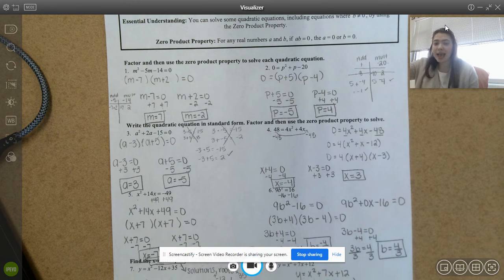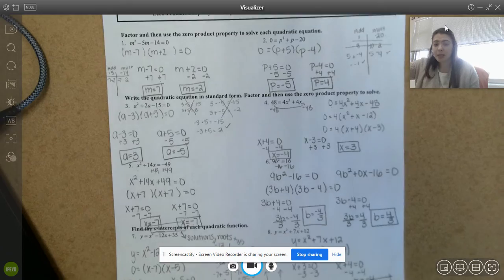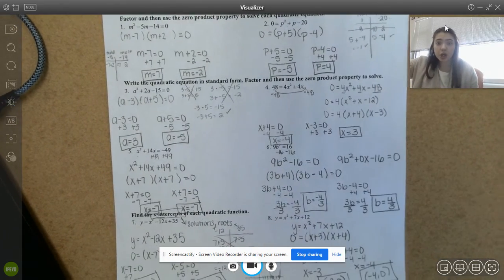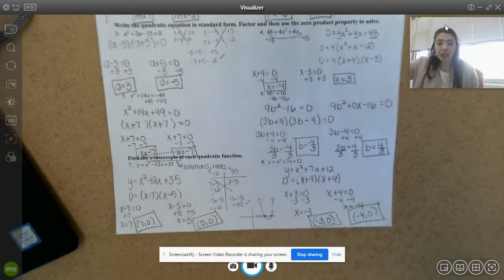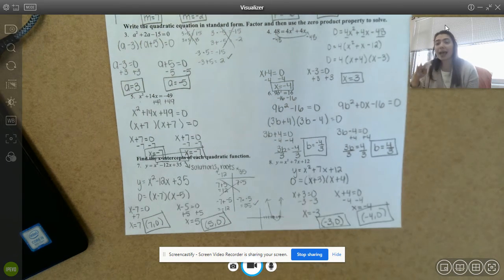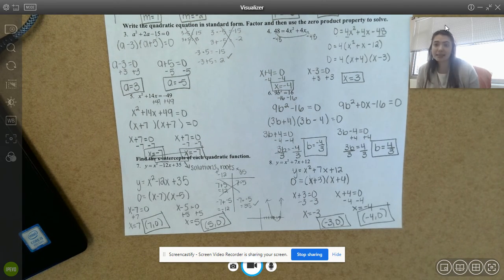When you're trying to find the x-intercepts, you have to make sure that even though your equation is equal to y, you are setting your equation equal to 0 in order to solve first. And then your very last step as x-intercepts is to go back and write them as ordered pairs. Now remember, your x-intercept is always going to be the x value where y is 0, where your parabola is crossing the x-axis, and that x-axis does have that y value of 0.